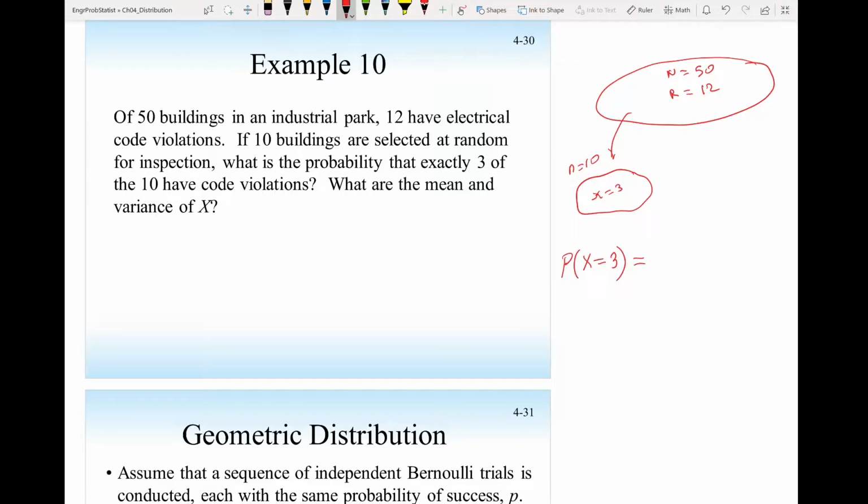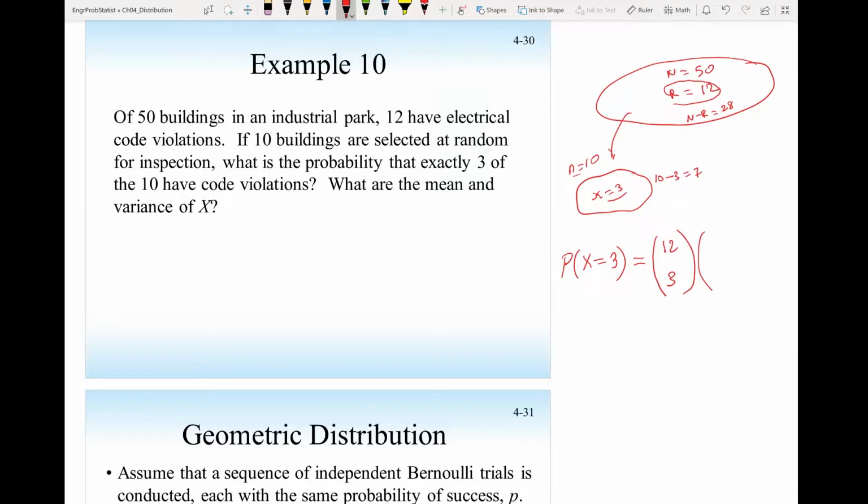In this case, there are 12 of interest. How many ways can we select 3 out of these 12? Times, buildings of no interest is N minus R, so that is 50 minus 12, which is 38... 28. And here, if n is 10, then buildings of no interest in the sample will be 10 minus 3, that's 7.